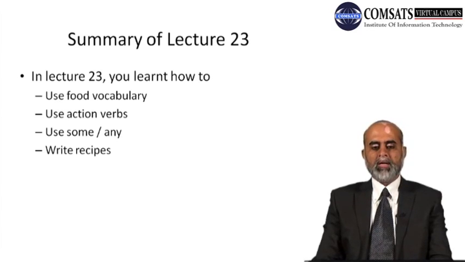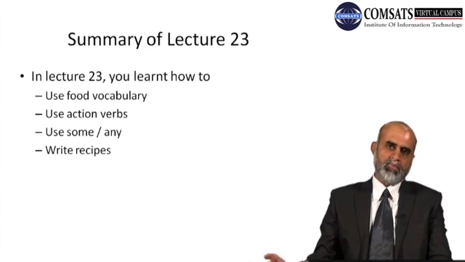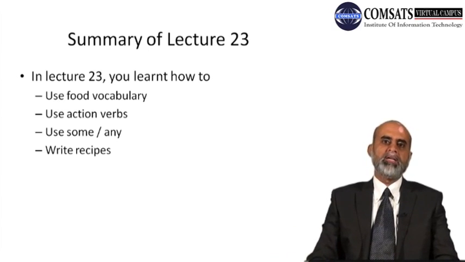Then we learned how to use action verbs. Okay, and again we need to learn action verbs for pre-cooking, post-cooking, and cooking process. And there are lots of things like moving, cutting, soaking, right?